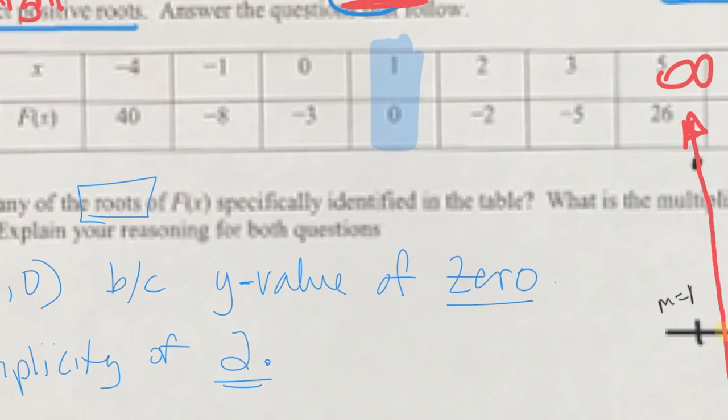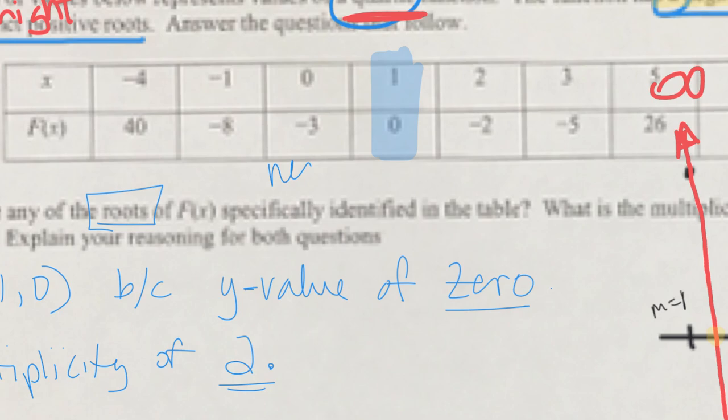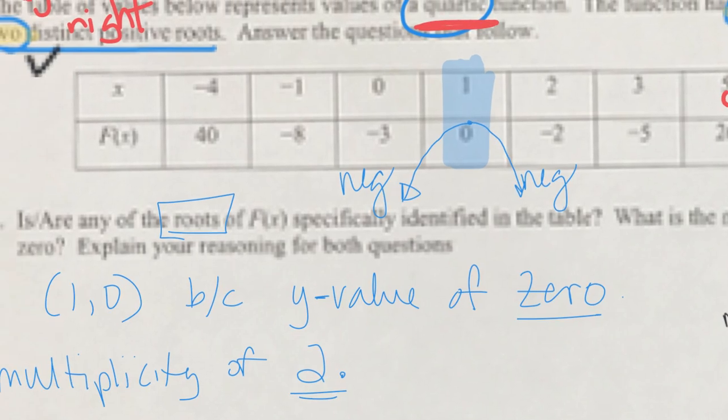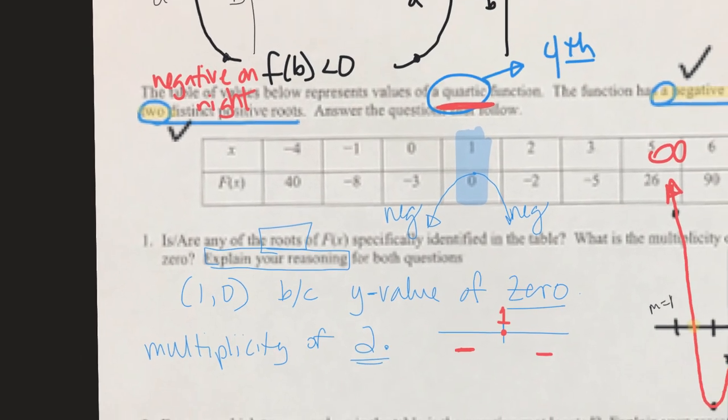On the left of positive 1, the y value is negative. And on the right of positive 1, the y value is also negative. Okay, and since it can't cross twice, that means it has to come up and touch and then go back down. So that's another one of your explaining your reasons, is that we have a negative on the left and a negative on the right. So a sign analysis also.